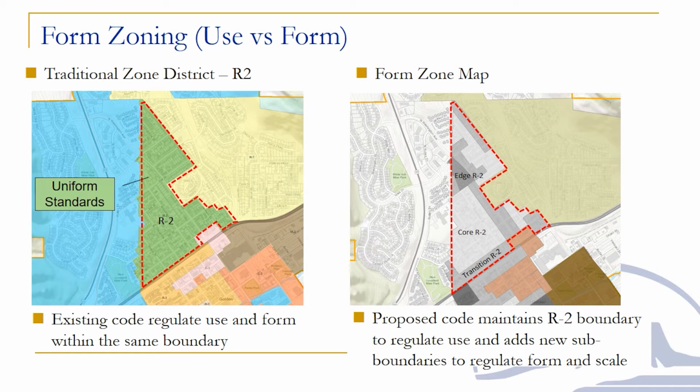The new code, represented by the map on the right, works to fix this issue and recognizes that there are different development patterns within the R2 zone district that have occurred over time, and it introduces new development standards that are unique to each of these form zone areas that you see identified on the map to the right.